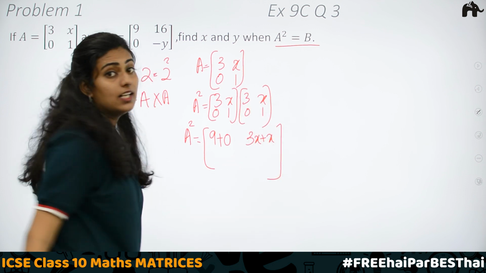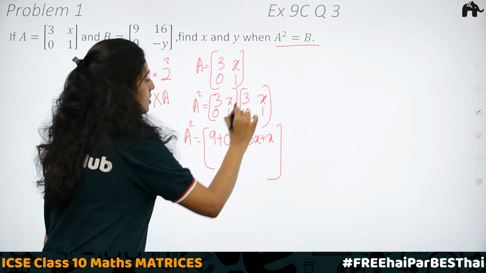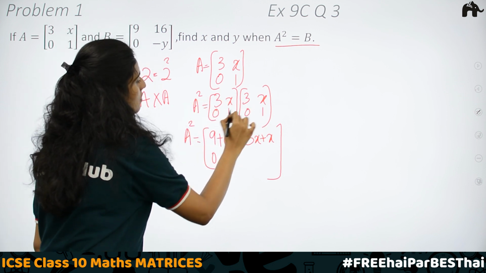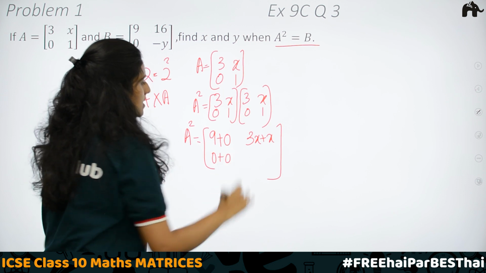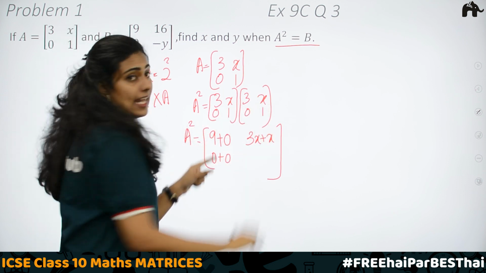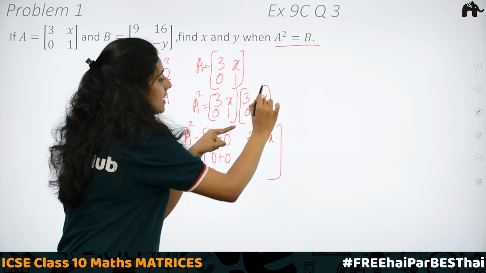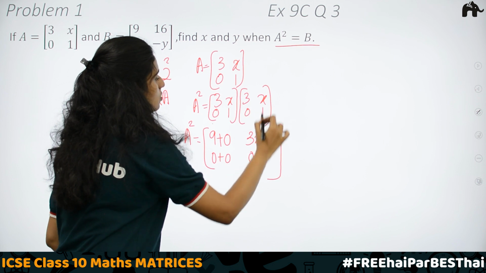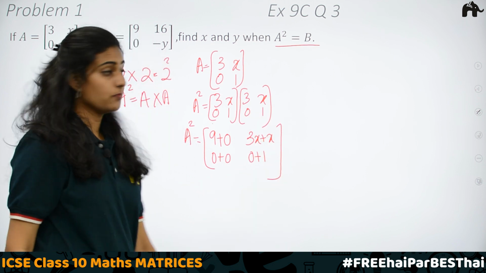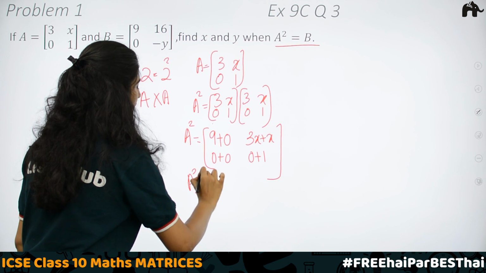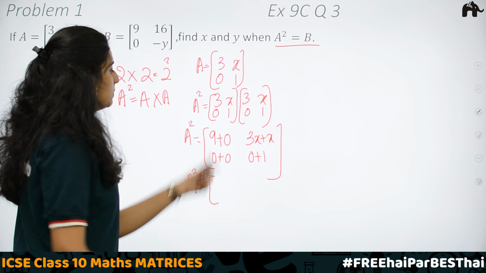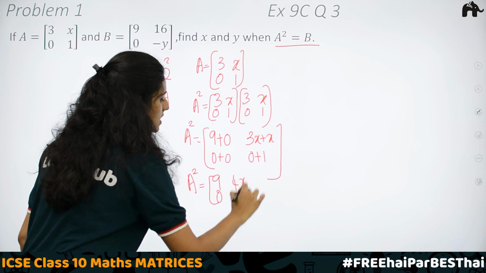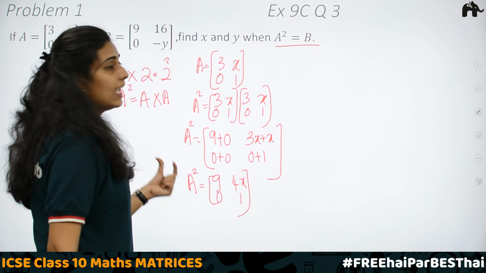Now the third element, second row and first column: 0 into 3 is 0, 1 into 0 is 0, so 0 plus 0. Now the fourth element, second row and second column: 0 into x is 0, 1 into 1 is 1, so 0 plus 1. Therefore, A square is equal to 9 plus 0, which is 9, 3x plus x is 4x, 0, and 0 plus 1 is 1. We got A square.